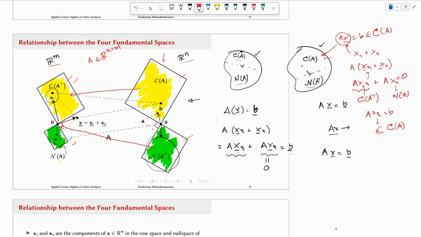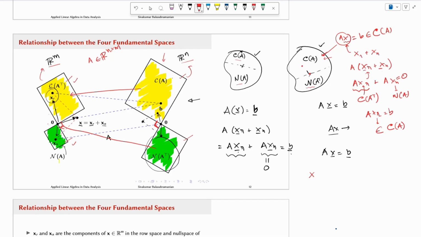Similarly, the column space and the left null space, which are subspaces of Rn, are orthogonal as well. In fact, they are not just orthogonal subspaces, they are orthogonal complements, because the sum of these two subspaces will produce all of Rm, and similarly, the sum of the other two subspaces will produce all of Rn. That's all. There's nothing else to say.